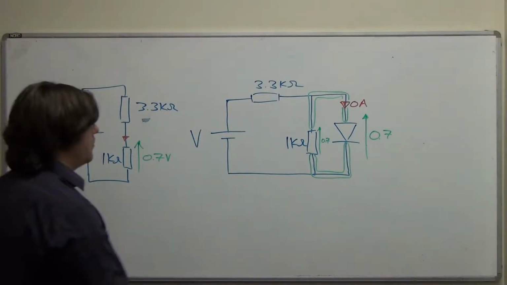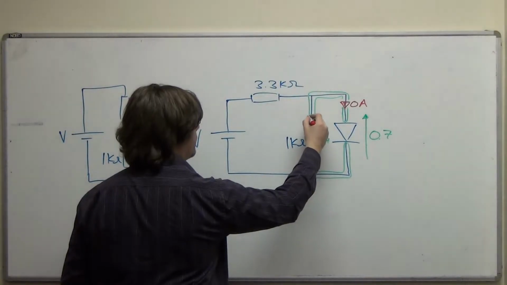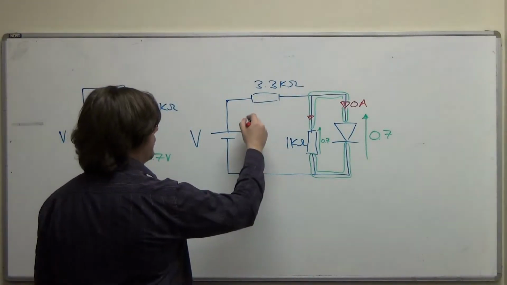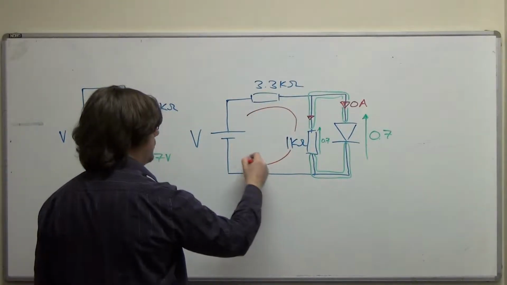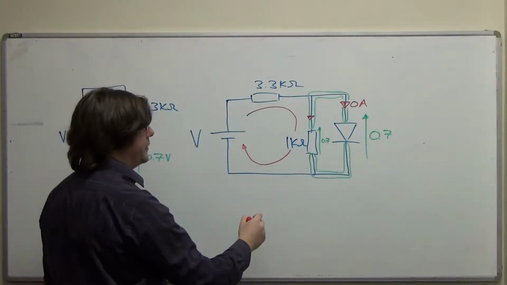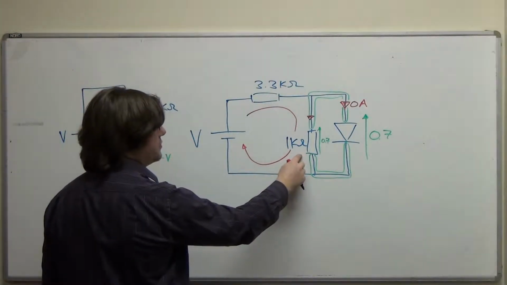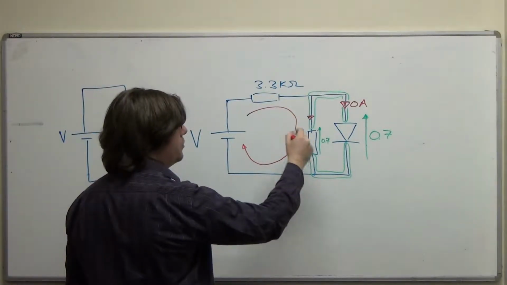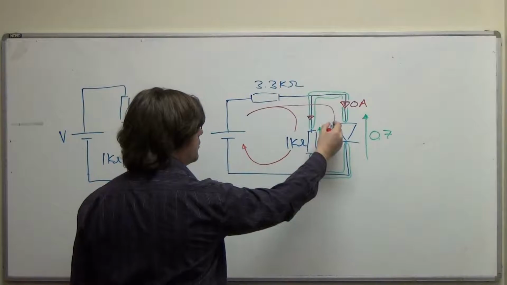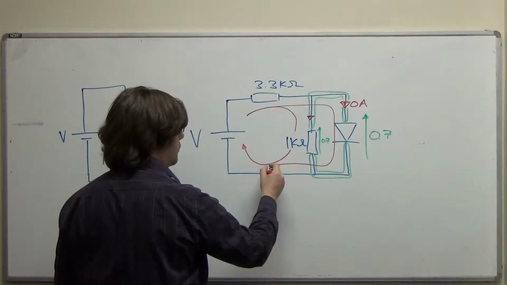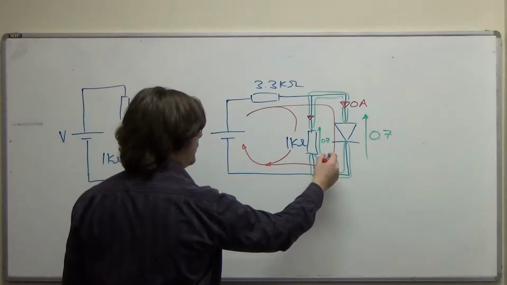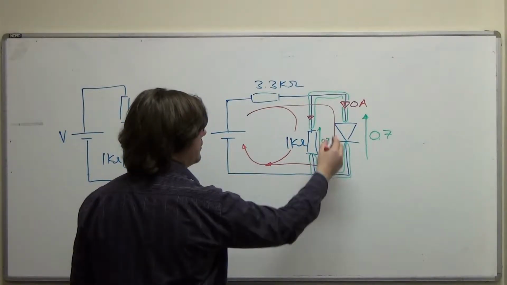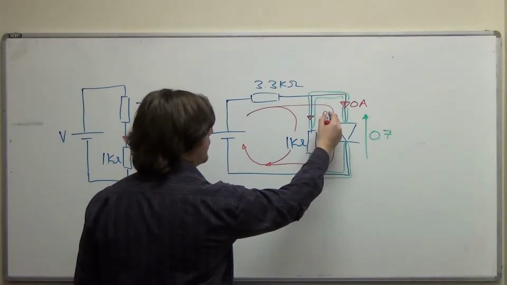There is some current in this loop here, which I don't know yet, but it will be whatever current's in this 1K resistor. And there is another loop which goes like this, but this loop has no current in it because there's no current in the diode, so that must be 0 amps.